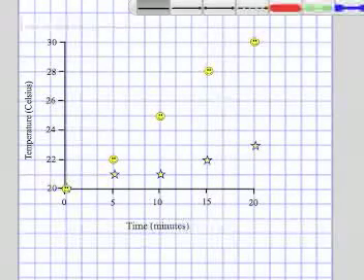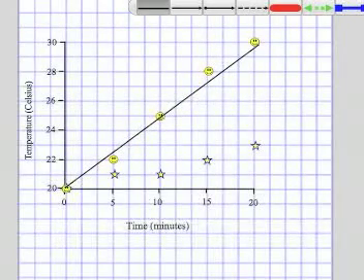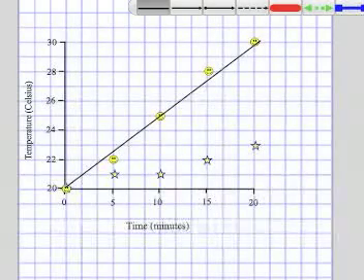So for example, when I look at the sand temperature readings, I'm going to make a line that generally follows all of them and shows a consistent rise in temperature, but as you can see, some of the points are a little bit off the mark. They kind of miss a little bit above and a little below.